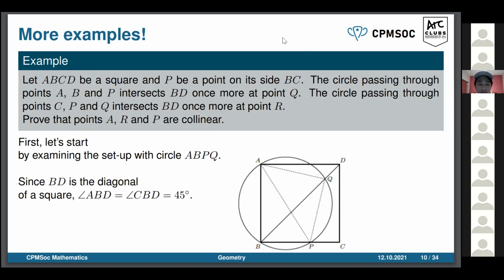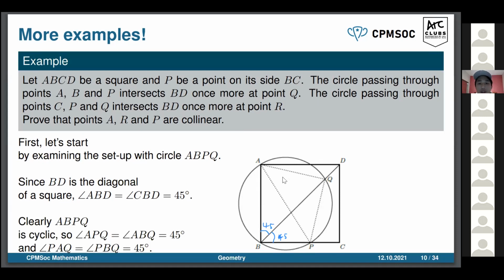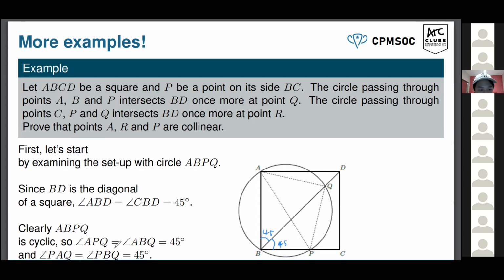So since BD is a diagonal, we can say that ABD is equal to CBD, which is 45 degrees. So always try to label your diagram nicely, because that might help a lot. And clearly ABPQ is cyclic because that's how we constructed the point Q. So we also know that APQ is equal to ABQ, which is 45.